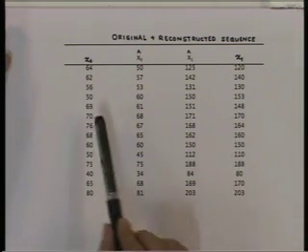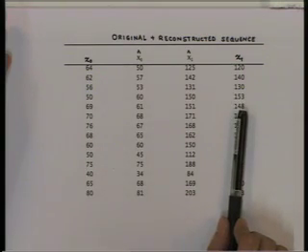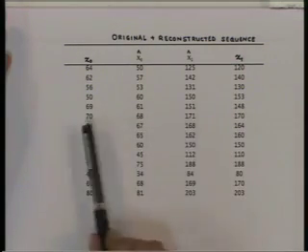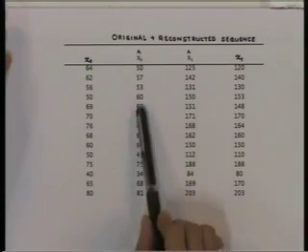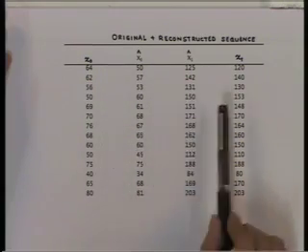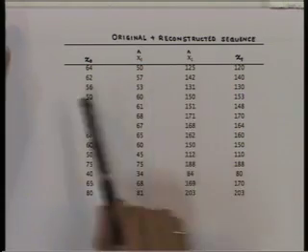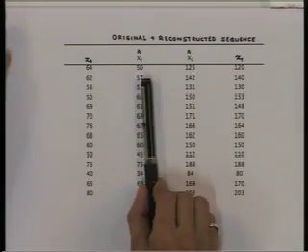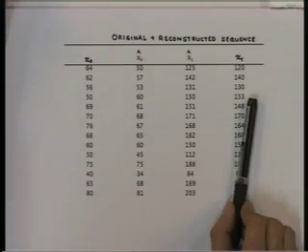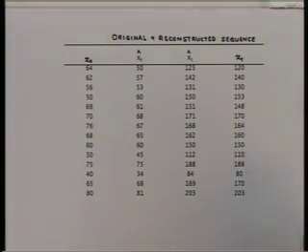Comparing the reconstructed sequence with the original sequence, we see that even though we transmit only half the number of elements present in the original sequence, the reconstructed sequence is very close to the original sequence.